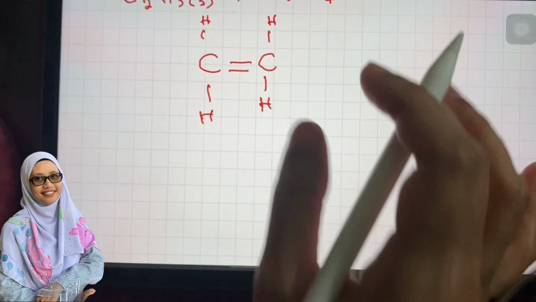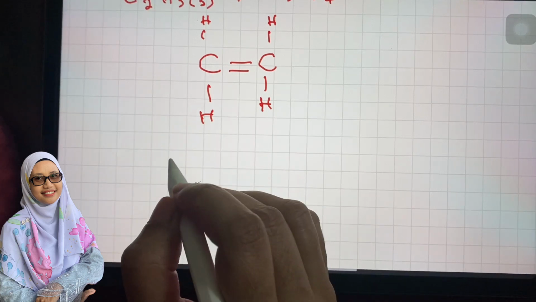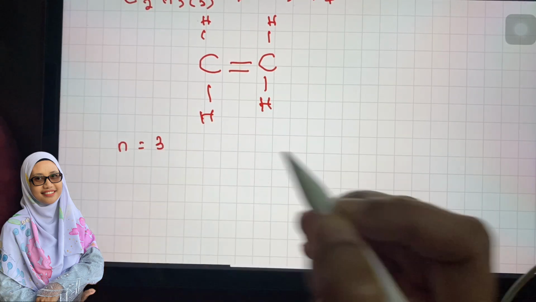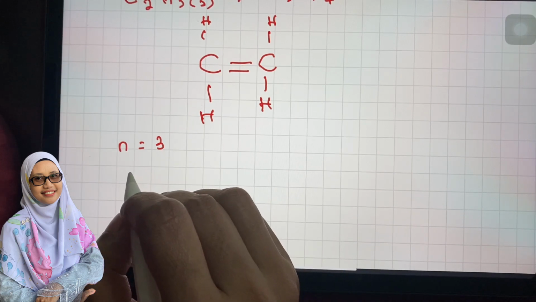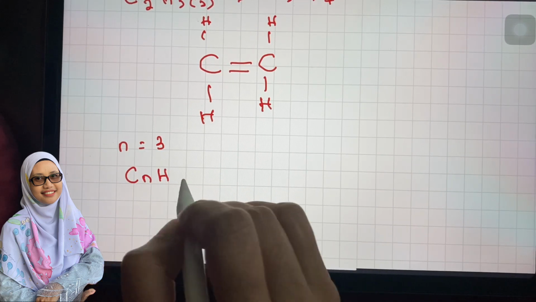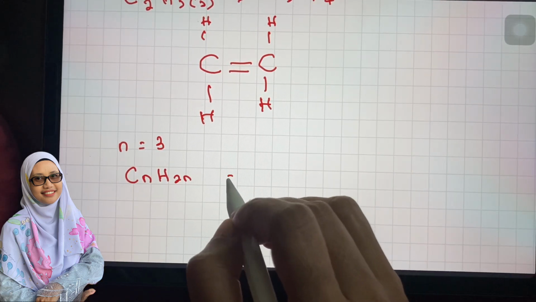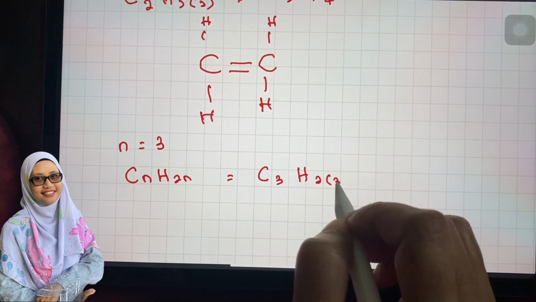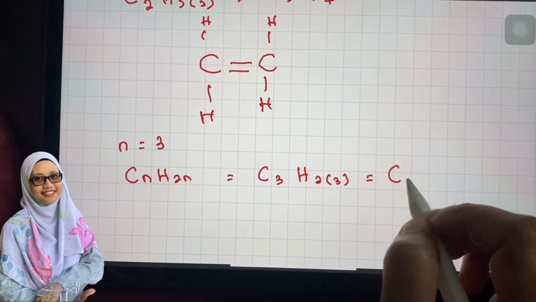So here is another example. We take n equal to 3. We know that the formula is CnH2n, so it becomes C3H2 in a bracket 3, which is C3H6.